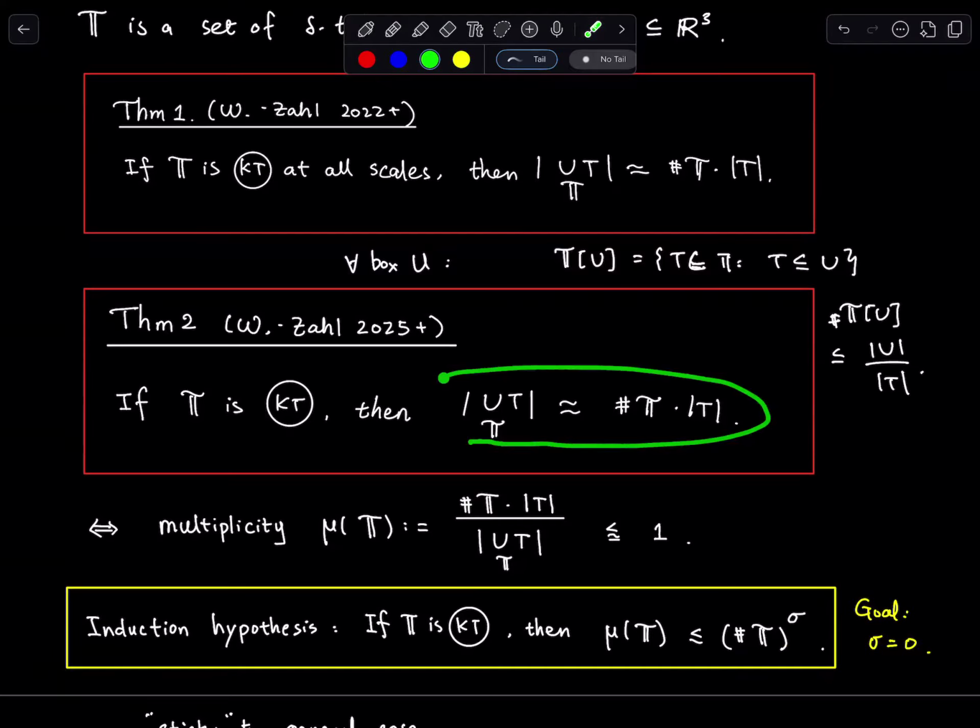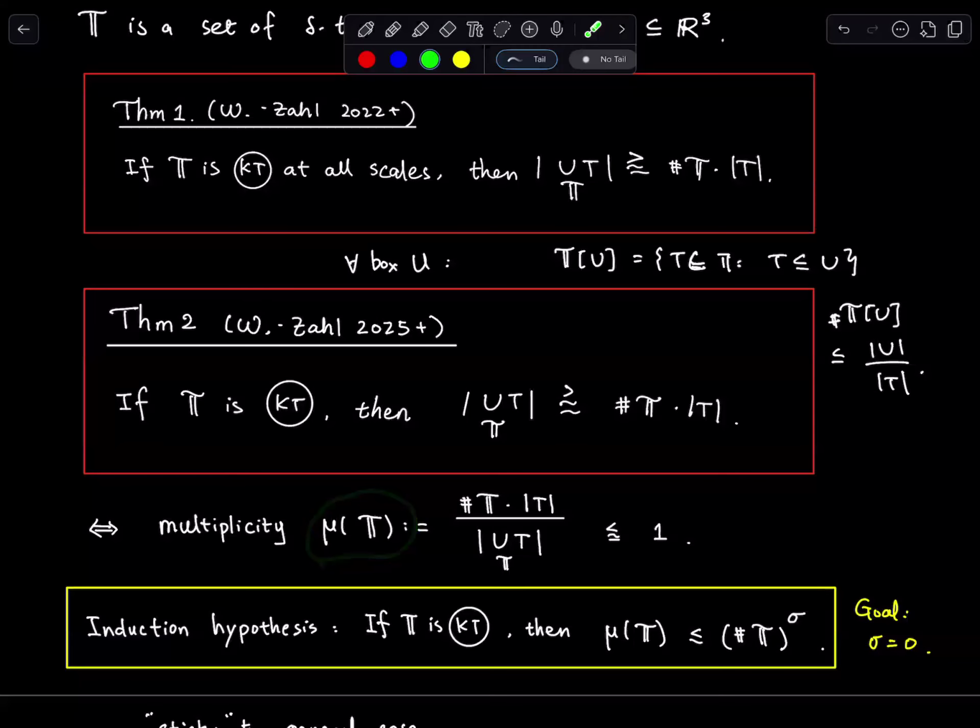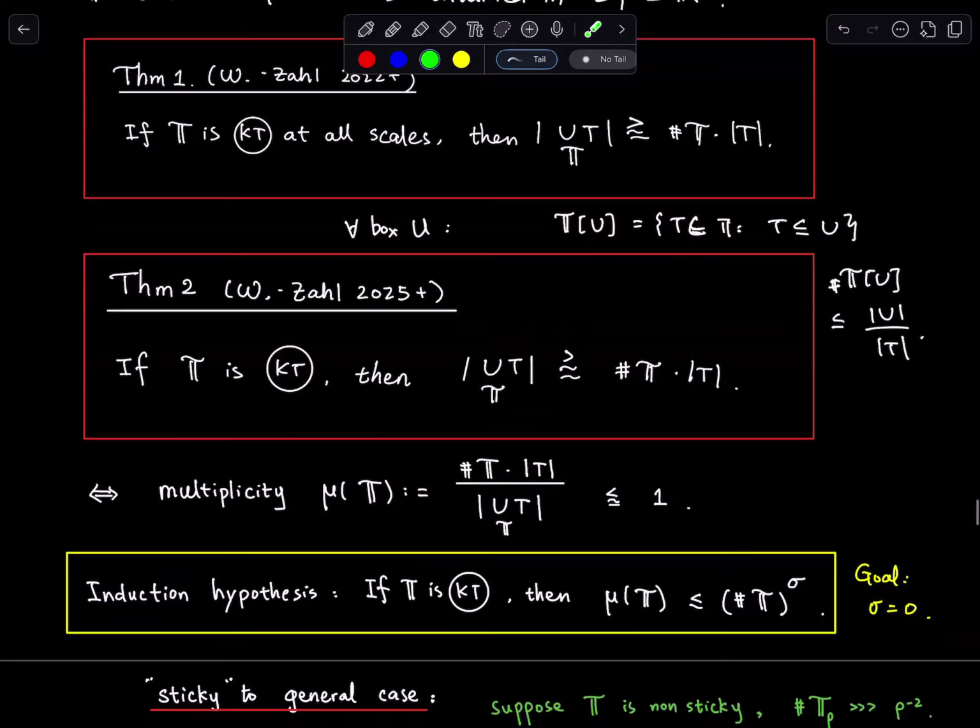So this volume bound is equivalent to the following multiplicity statement. Multiplicity means the number of tubes through a typical point. So this volume lower bound is equivalent to saying that the number of tubes through a typical point is bounded by some constant.